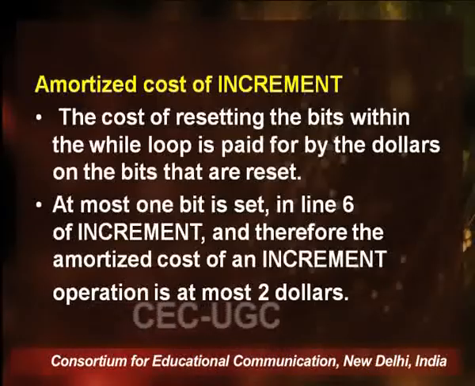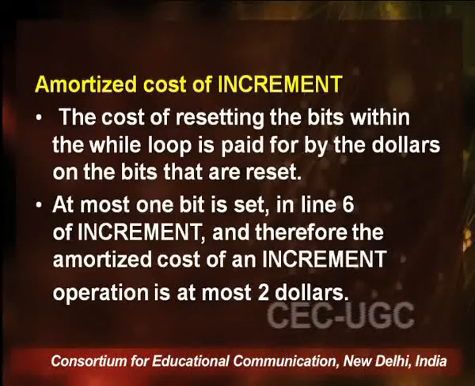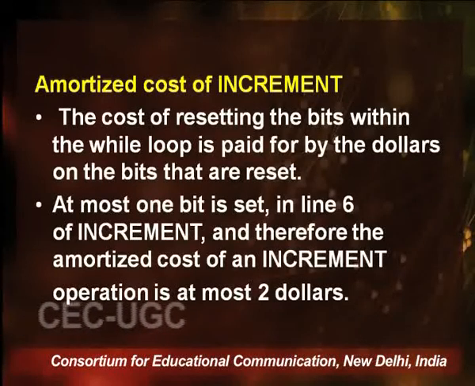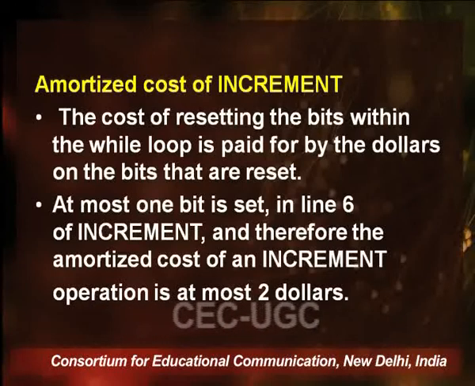So coming to the amortized cost of increment, when we talk about the code of this increment, the cost of resetting the bits within the while loop is paid for by the dollars on the bits that are reset, and at most one bit is set.